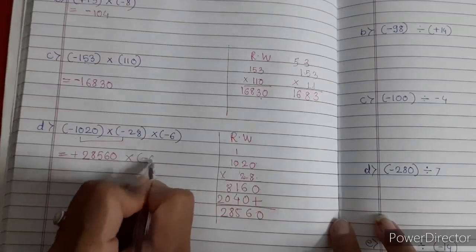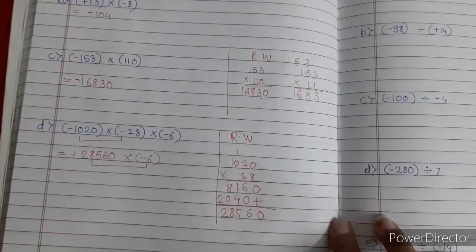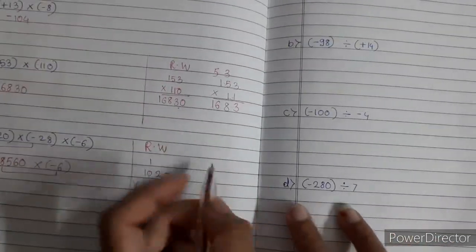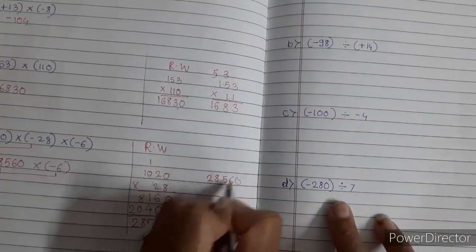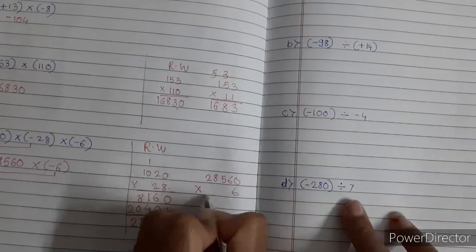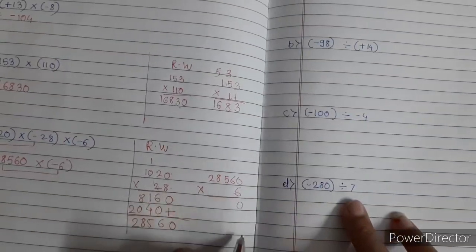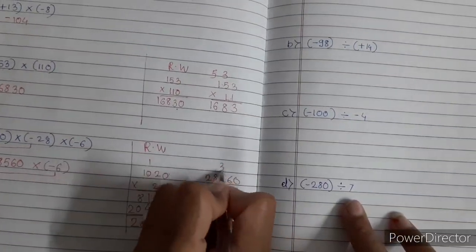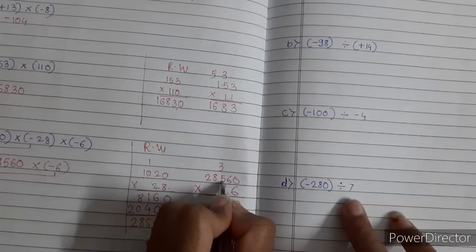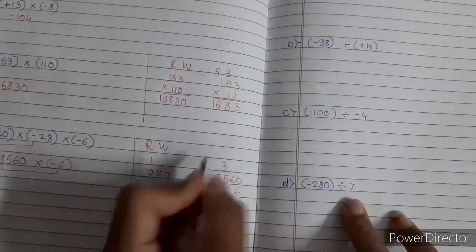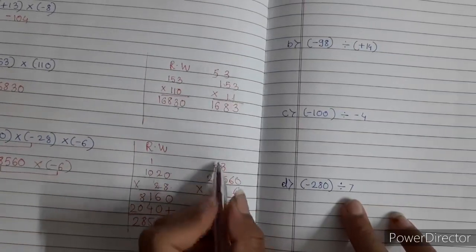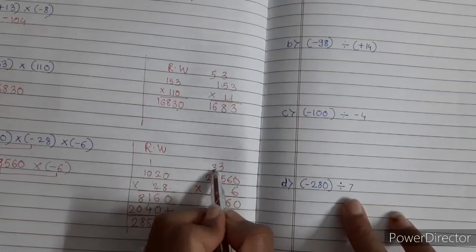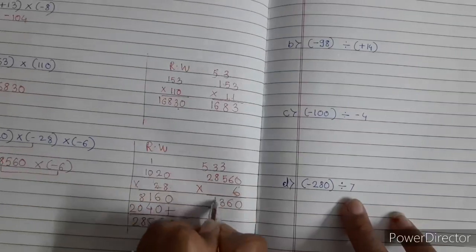I'll take the third term. Now I'll multiply both of them. So what do I have? 28560 multiplied by 6. 6 zeros are 0. 6 6s are 36. 6 5s are 30. 30 plus 3, 33. 6 8s are 48. 48 plus 3, 51.